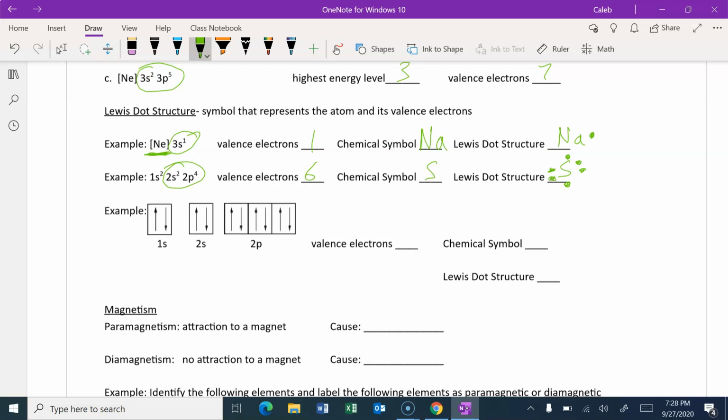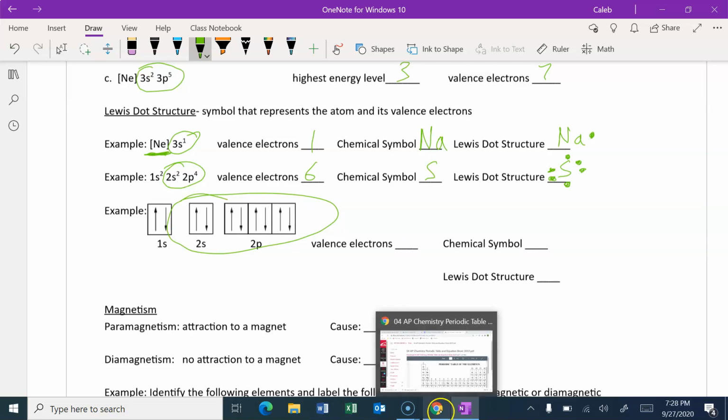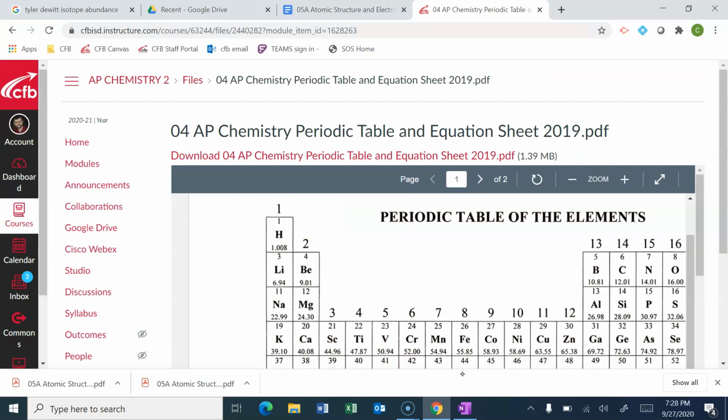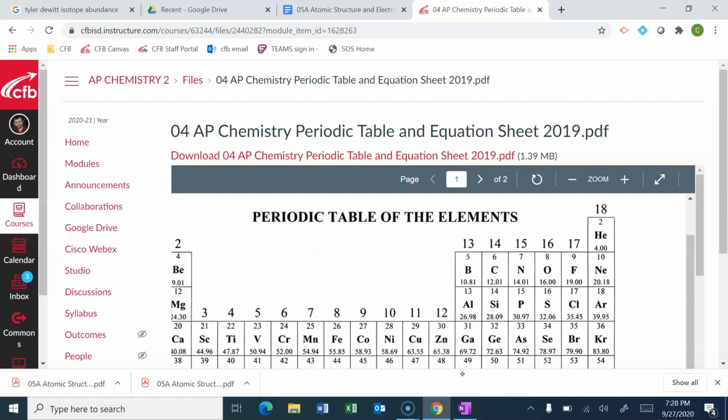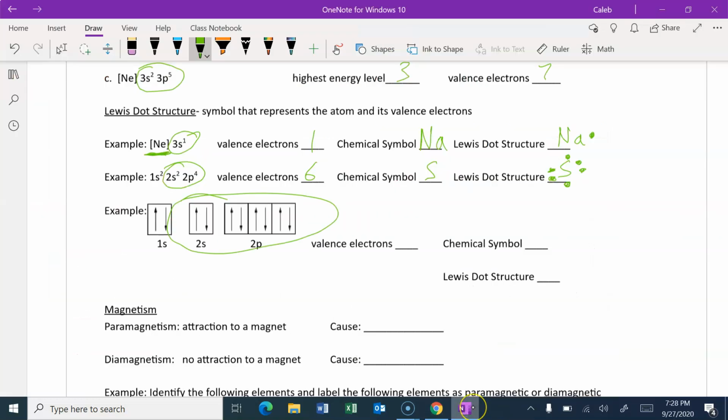And then our last example here, 2s2, 2p6, because I'm counting the arrows, 2s2, 2p6. 2nd row, p block, the 6th element is neon, Ne.